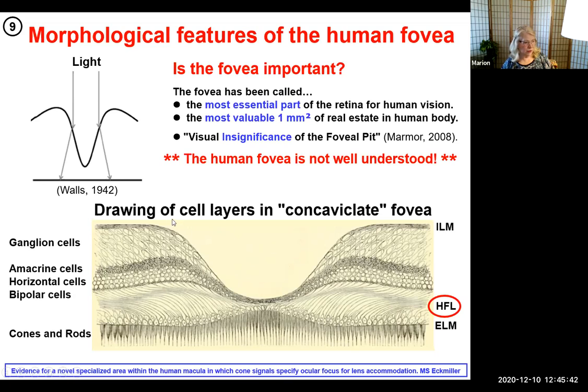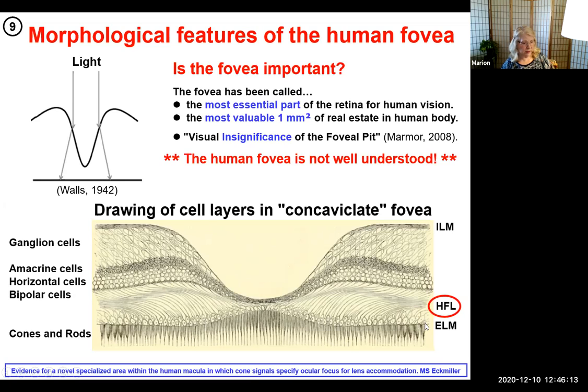At the bottom, we see a drawing of the cell layers in the fovea of humans. It comprises several layers as usual for the retina, but many of the layers are displaced laterally by the formation of the foveal pit. So there are ganglion cells and amacrine, horizontal cells and bipolar cells, and the cones and rods are down here at the outer part of the eye, and we see the individual cone outer segments.